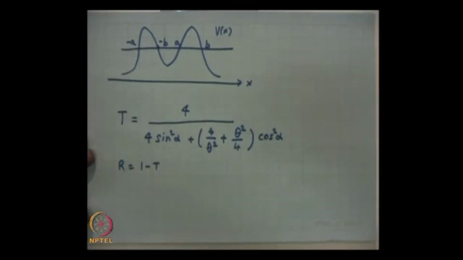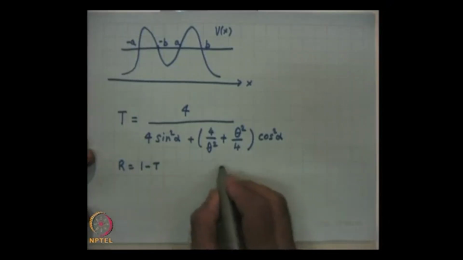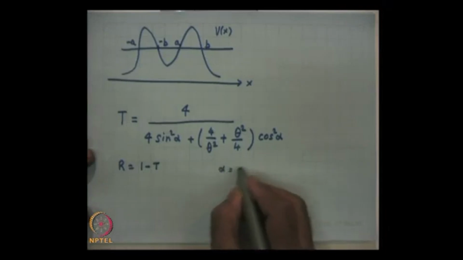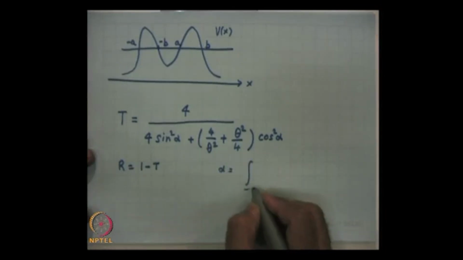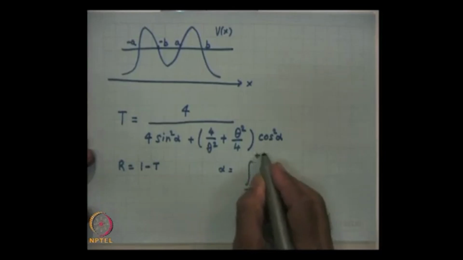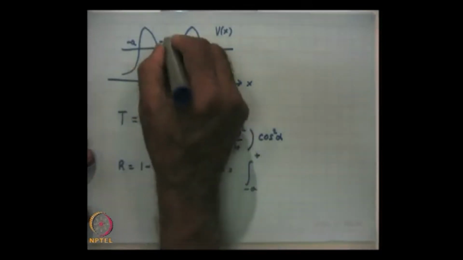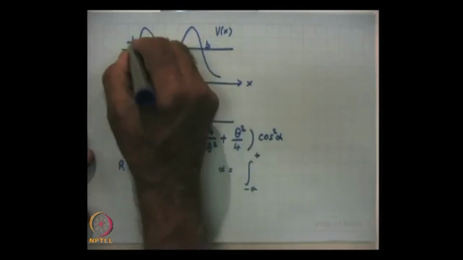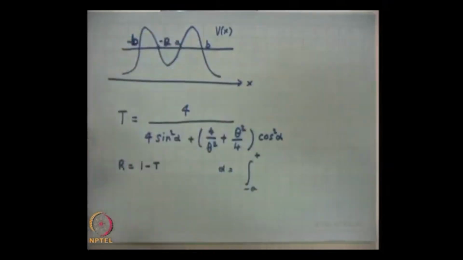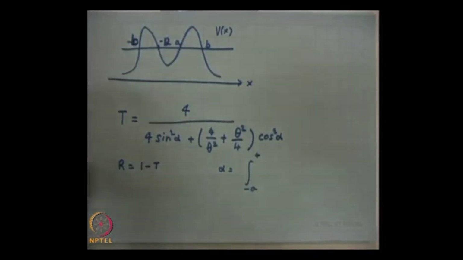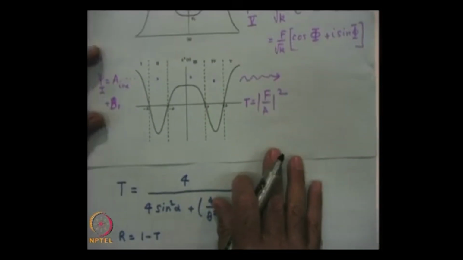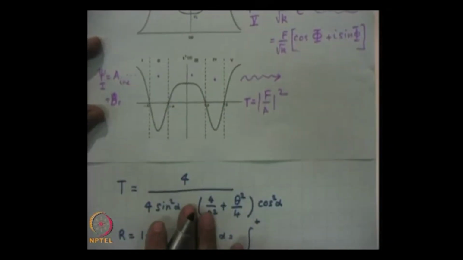What are the values of alpha and theta? The value of alpha is minus A to plus A. Sorry, this is minus A and this is minus B, I am sorry. So, you have here, let me do this here. So, this is minus A and this is minus B. I hope all of you can see this.